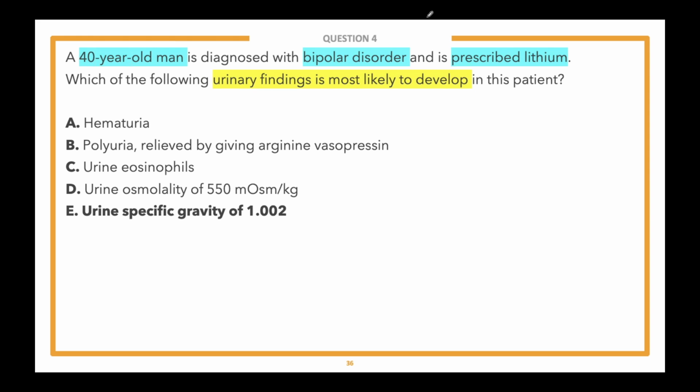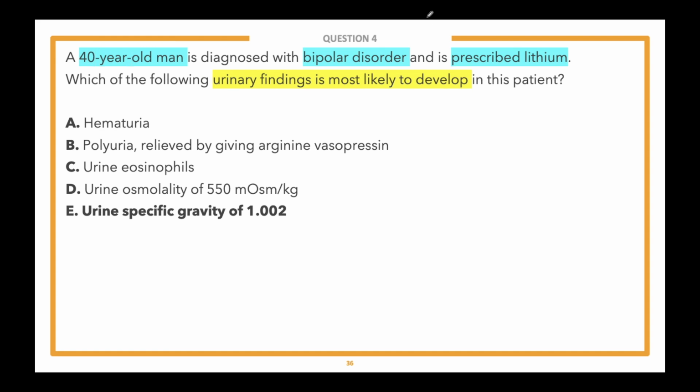Now what we have going on here, and I think answer choice B, which is the second most highly selected answer, polyuria is something you can see in patients who have nephrogenic diabetes insipidus. However, in nephrogenic DI, it would not be relieved by giving arginine vasopressin. If it were, that would be seen in central diabetes insipidus.